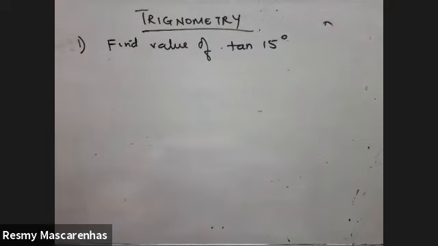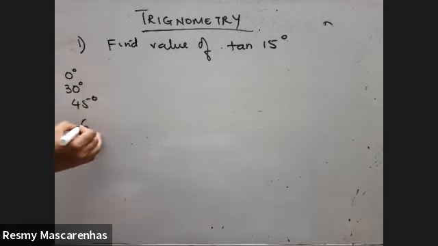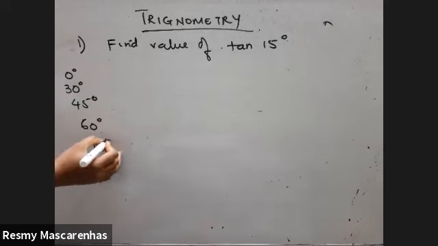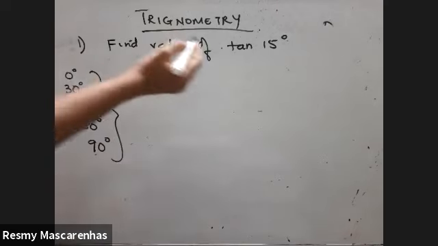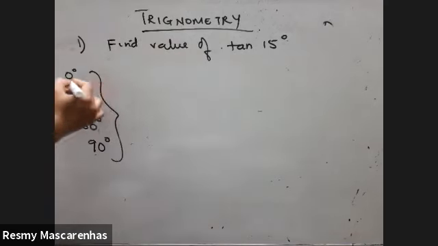Okay, so whenever you don't have any standard angle, what you have to do is, which are your standard angles which you know? 0 degree, the trigonometric table you have to know for this. 30 degree, 45 degree, 60 degree and 90 degree. So these are your standard angles whose value you already know. So you have to express this 15 in terms of the standard angles.